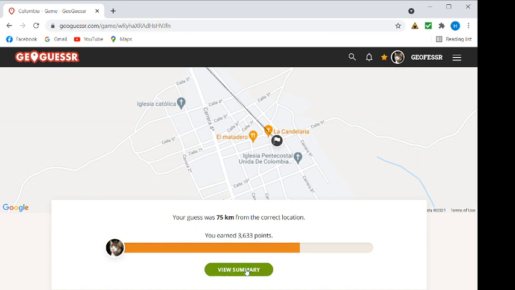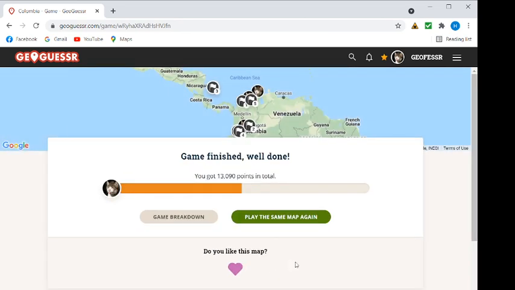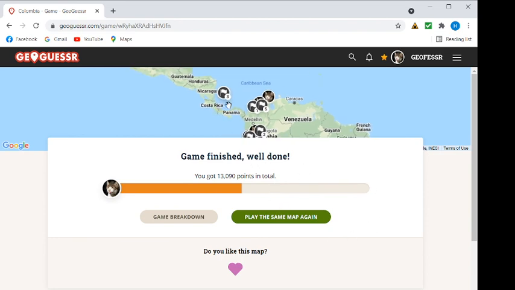So I mentioned before the Protestant church in San Andres and Providencia on the previous round that you do certainly find Protestantism almost everywhere in Latin America, but that most regions are predominantly Catholic. Okay, so 13,090 points.